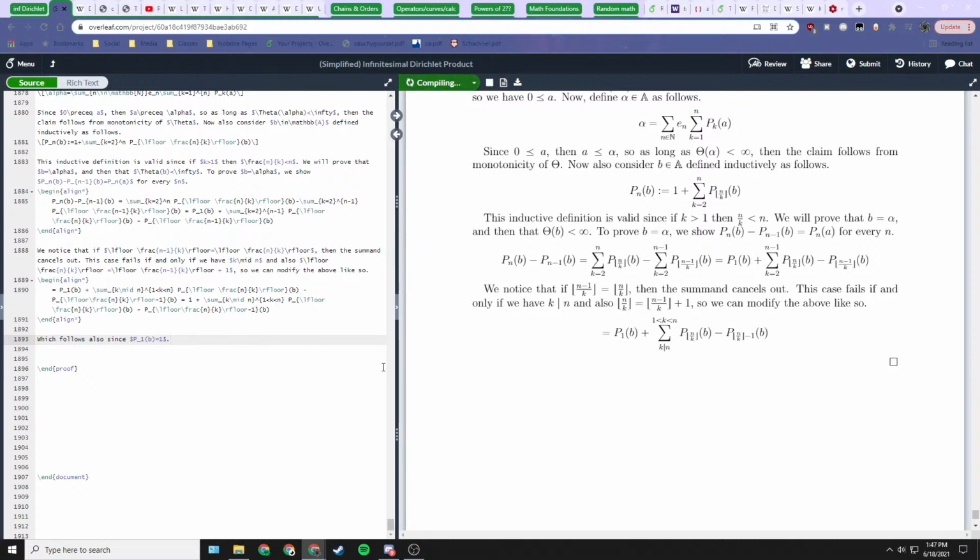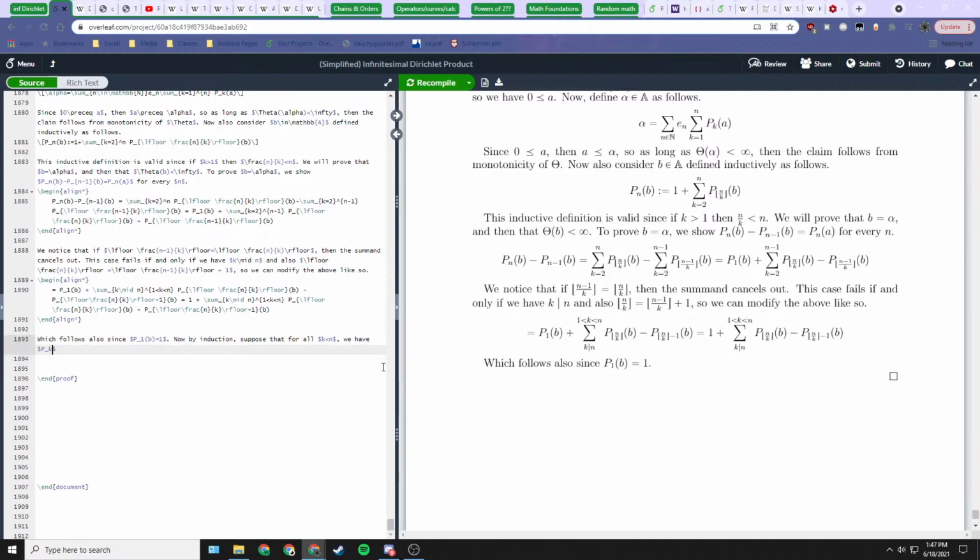Okay. So now we'll do an induction. So now by induction, suppose that for all k less than n, we have p sub k of b minus p sub k minus 1 of b equaling p sub k of a.